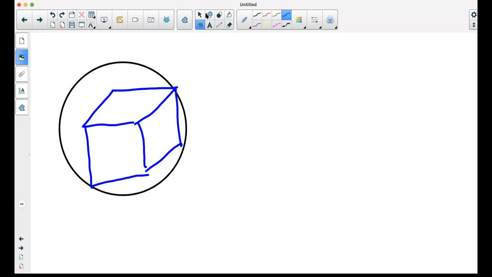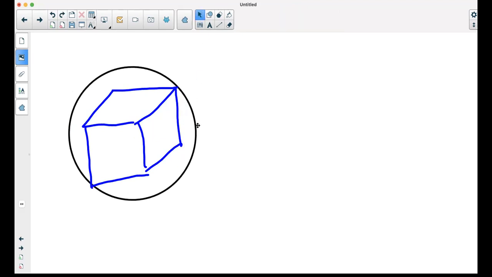Something like this. Okay. So I have a cube inside of the sphere. So my question to you is this.